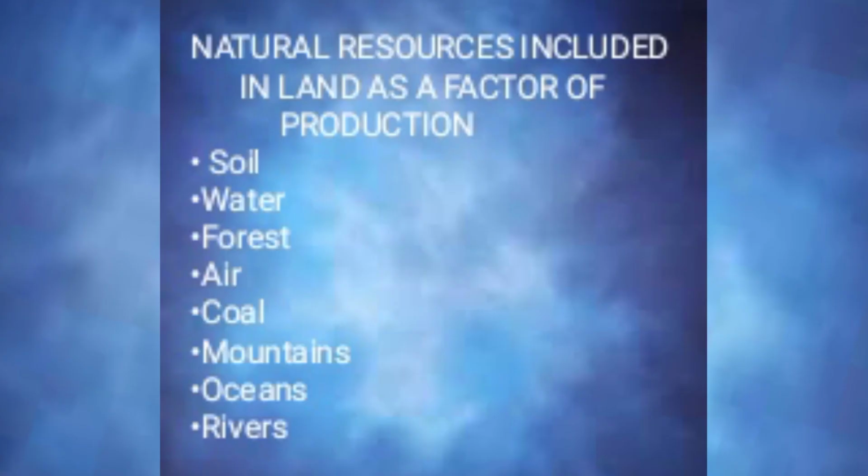So, all the natural things seen on the earth are regarded as land. The natural resources included in land as a factor of production are soil, water, forest, air, coal, mountains, oceans, rivers, etc.